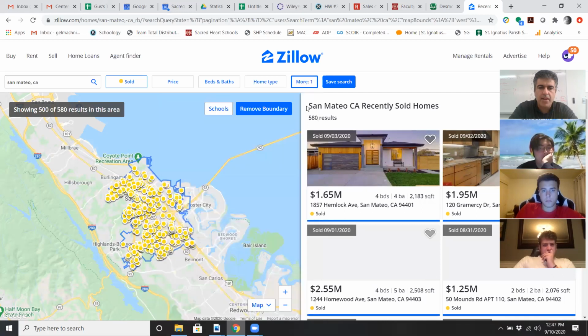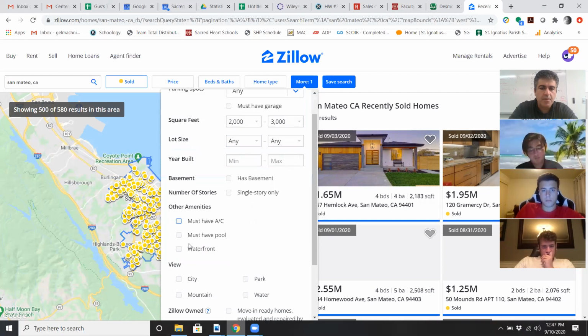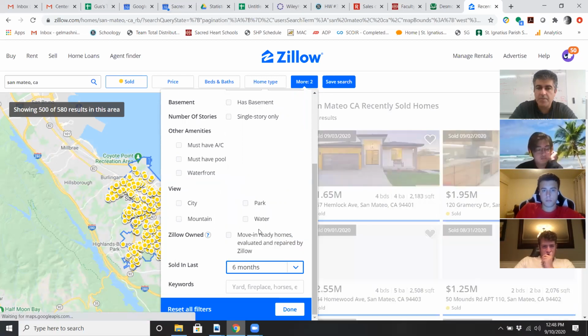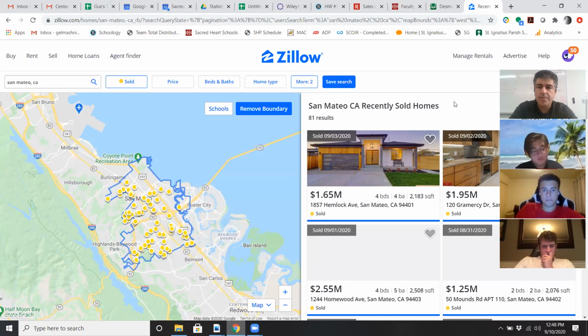Now you can see that it dropped to 580 results. We could probably make it even tighter: homes that sold probably in the last 6 months, let's say. So now it's down to 81 results.